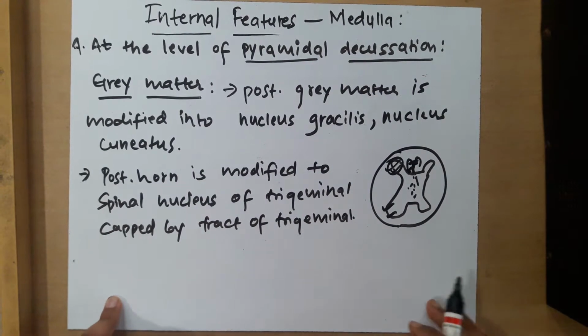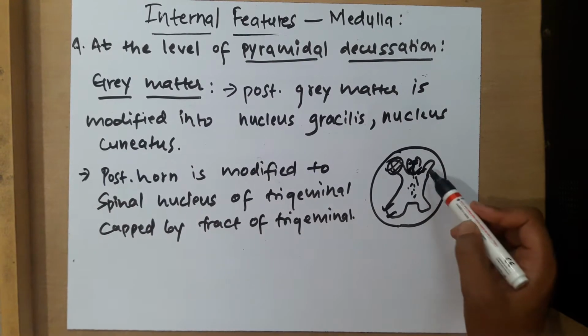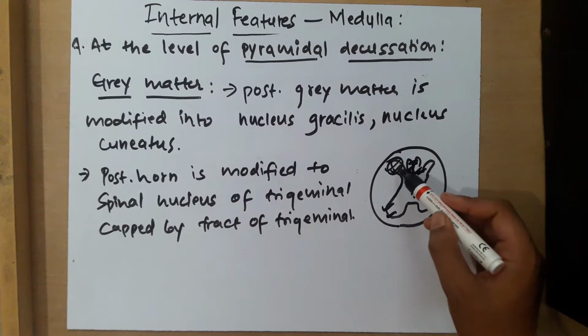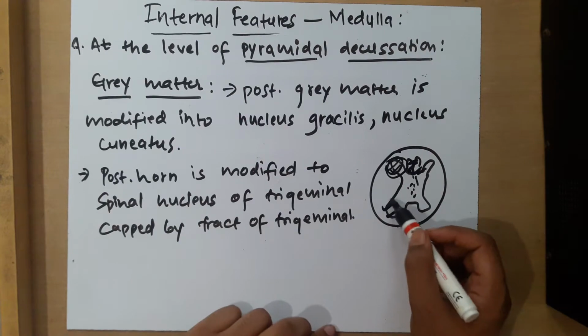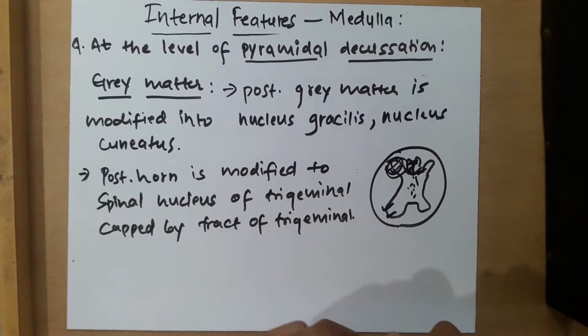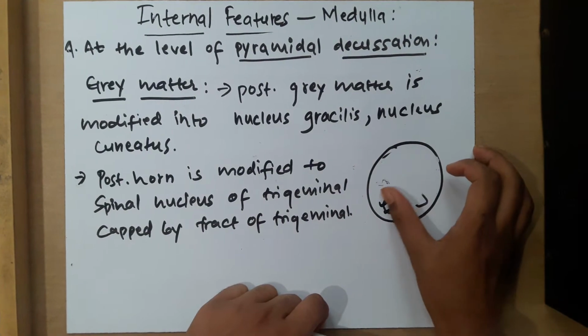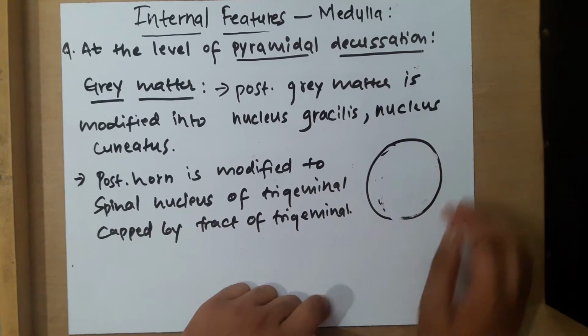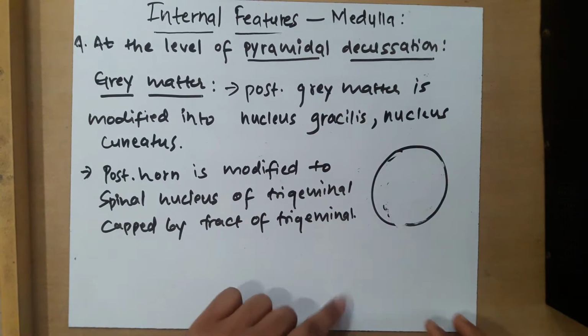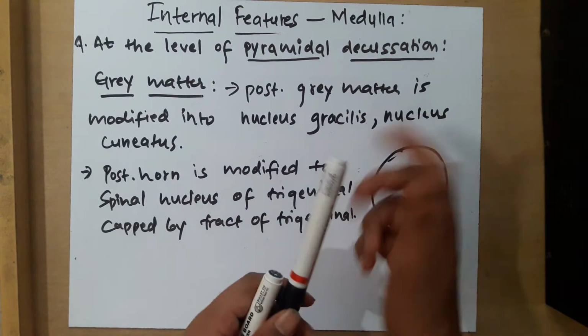Now let's discuss the anterior horn. We discussed the posterior horn. This is the section at the level of pyramidal decussation. Pyramids are the fibers, and we'll discuss what they are.